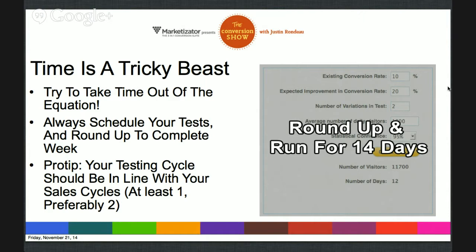So generally, when you're doing something like that, you'd probably be working on qualified leads and working through that cycle from maybe a top funnel mentality. So understand where you stand in terms of your business cycle, and then line up your tests to be consistent with that. And so round up for the 14 days.